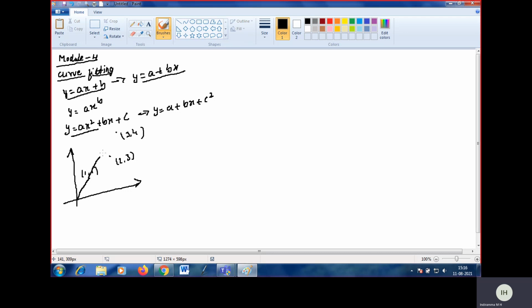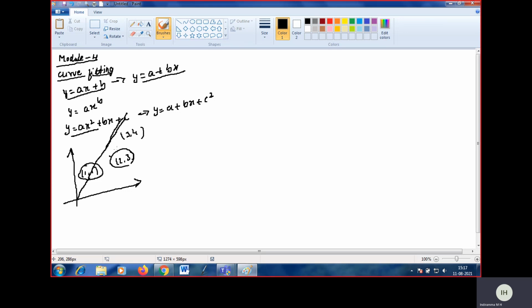It should cover the maximum of the points. It may cover 1 point or 2 points, and the straight line should be very near to the points. Such a best fitting straight line we have to find out for the given data.